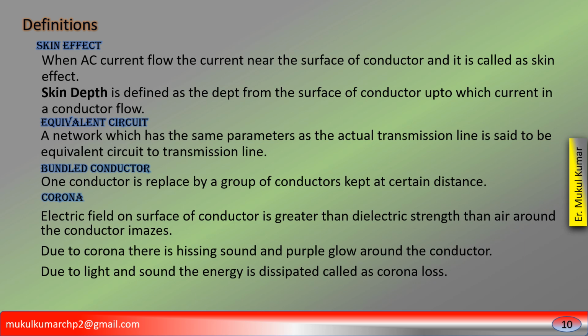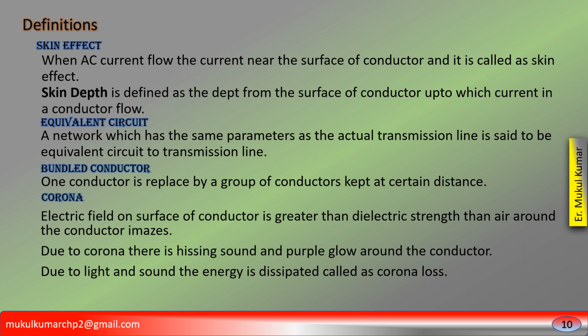Equivalent circuit: a network which has the same parameters as the actual transmission line is said to be the equivalent circuit of the transmission line. Bundle conductor: one conductor is replaced by a group of conductors kept at a certain distance.